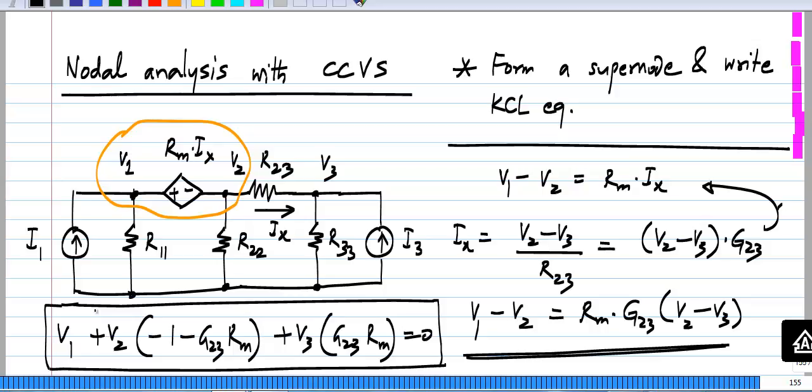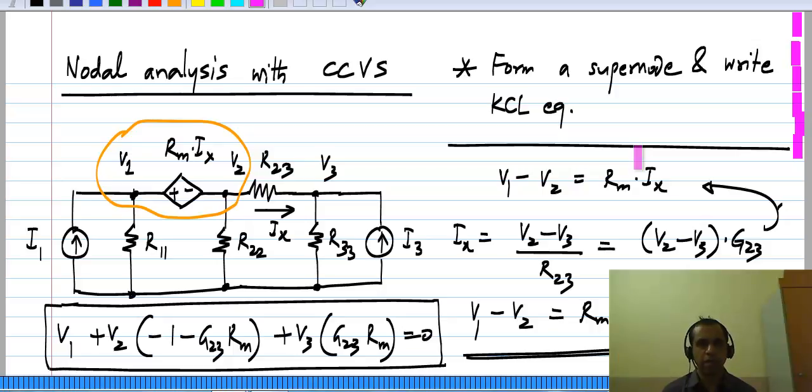So this is how we write the equation, and you see that it has actually come out quite similar to the case with the voltage controlled voltage source. The only difference is you had to go through an extra step to identify what is on the right hand side, because the current is unknown and the primary variables in nodal analysis are the node voltages. So you have to write that current in terms of node voltages.